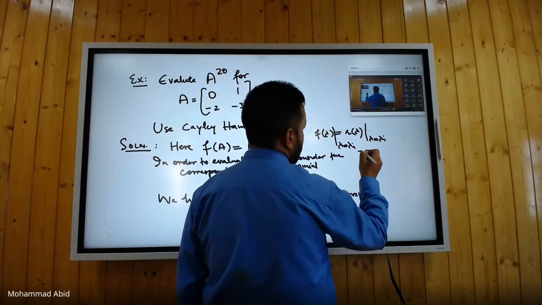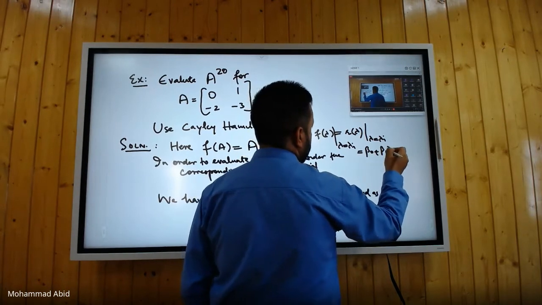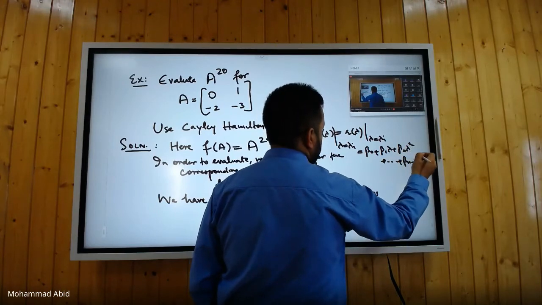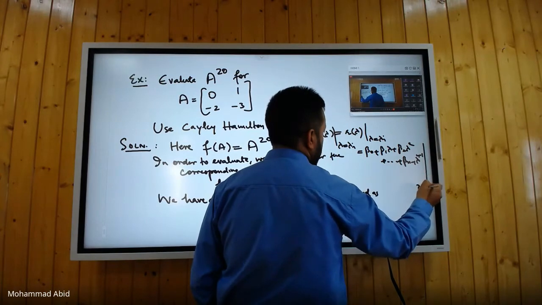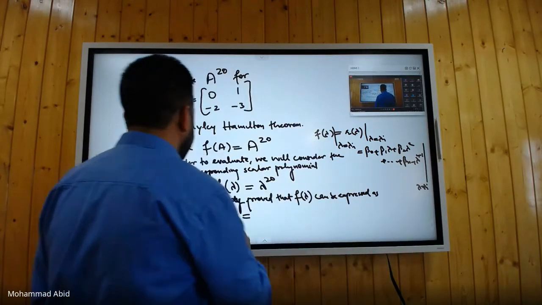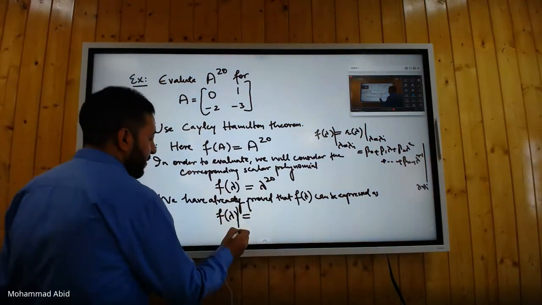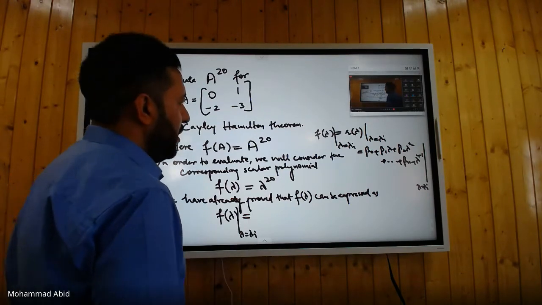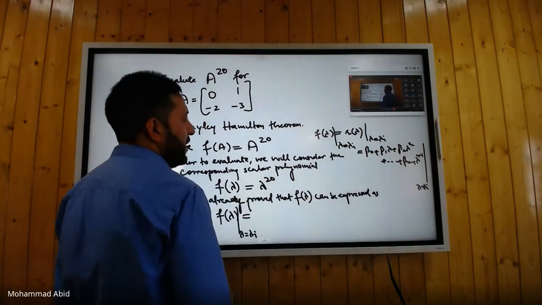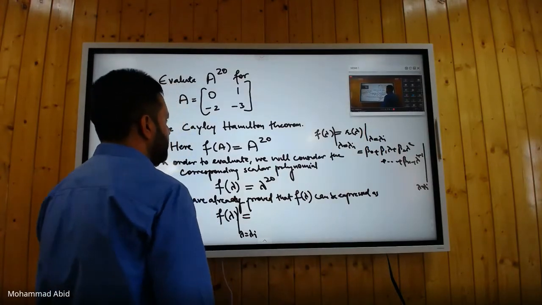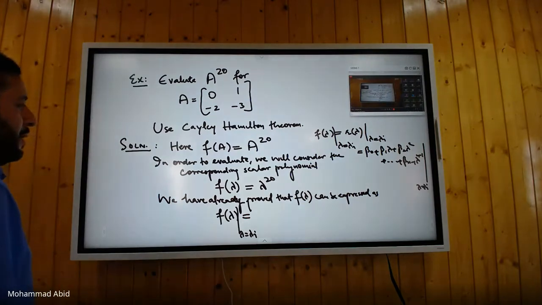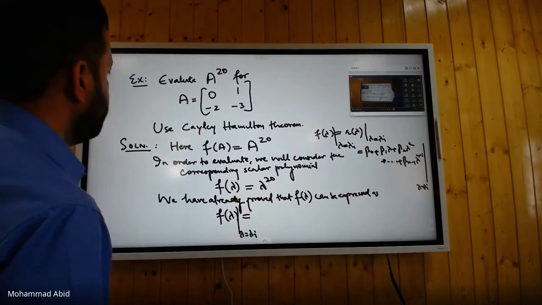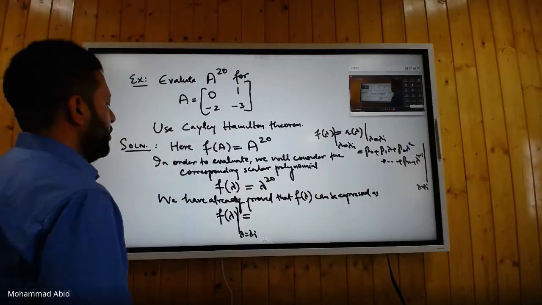So it can be written as beta naught plus beta 1 lambda plus beta 2 lambda square plus so on up to beta n minus 1 lambda raised to n minus 1, evaluated at lambda equal to lambda i. So how can I express f(lambda)? I can express it as a polynomial of degree at the most n minus 1. What is n here? n is 2, sir. 2.